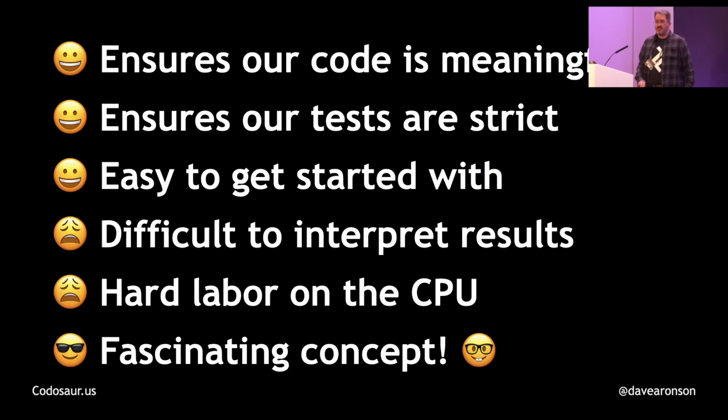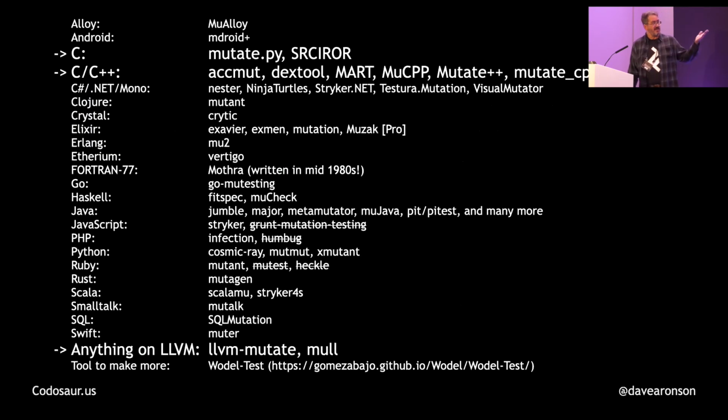If you'd like to try mutation testing for yourself, here's a list of tools for many popular languages and platforms and some other ones. I doubt many of you are doing Fortran 77 these days. In particular, for plain old C, we have mutate.py. Yes, it's written in Python, but it's for mutating C code. And Surceror, however you pronounce that.